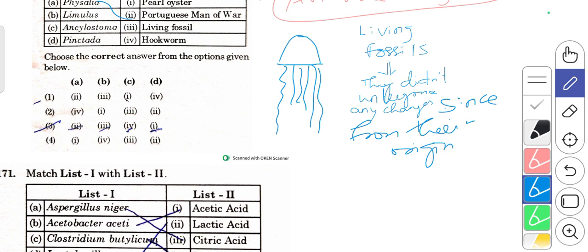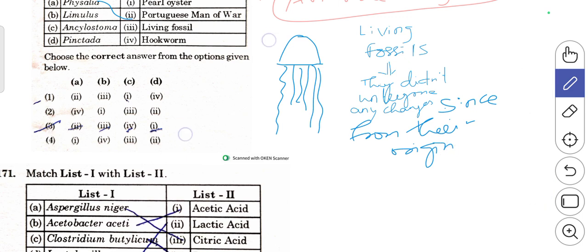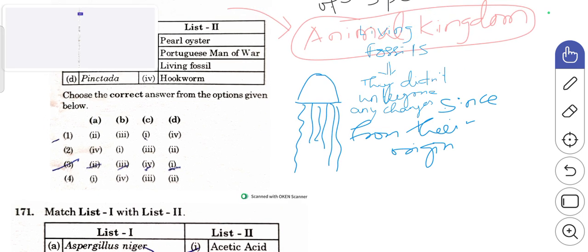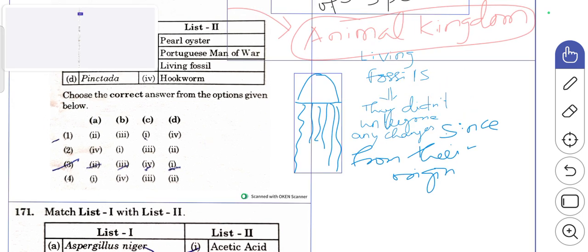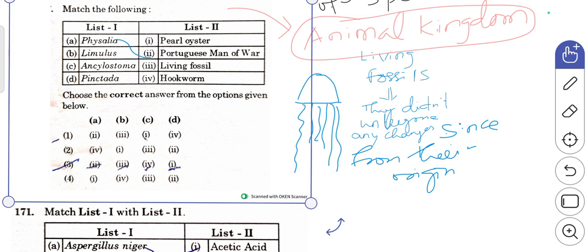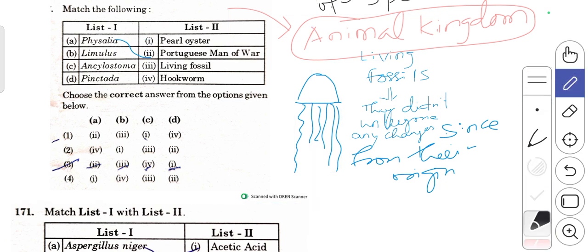It means that since the birth of these organisms they haven't undergone any changes. So these are called living fossils. So Limulus is one of the examples of a living fossil.